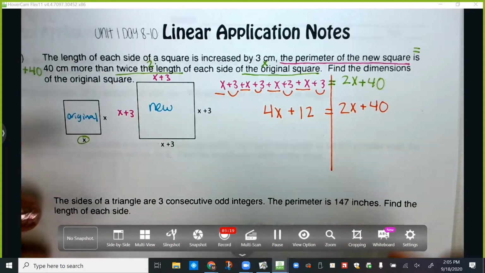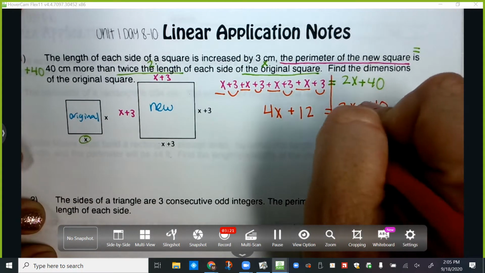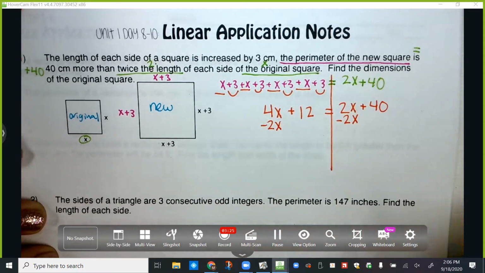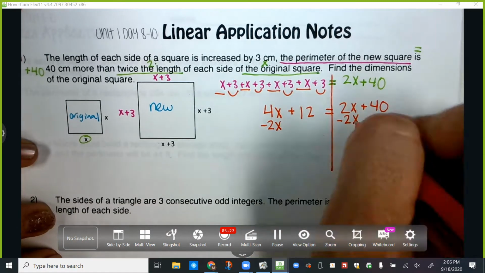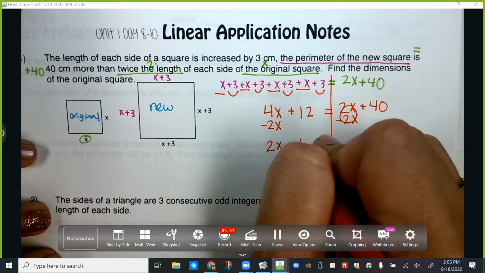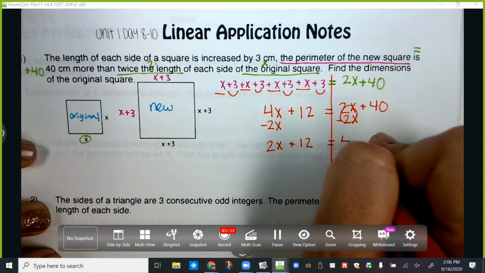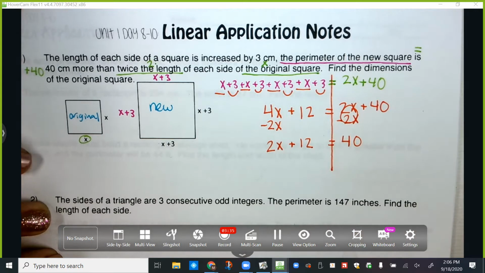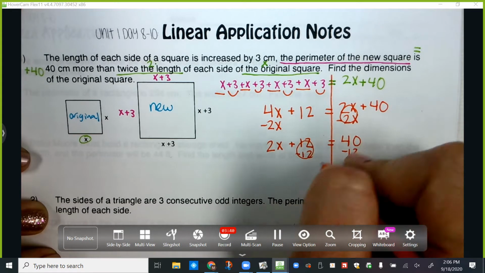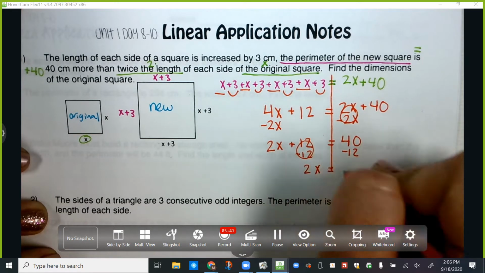The 2x. I like to move my smallest variable first. So minus 2x on both sides. This cancels, and 4x minus 2x is 2x. Bring down my 12 and down my 40. So I'm going to subtract 12. So we get 2x equals 28.